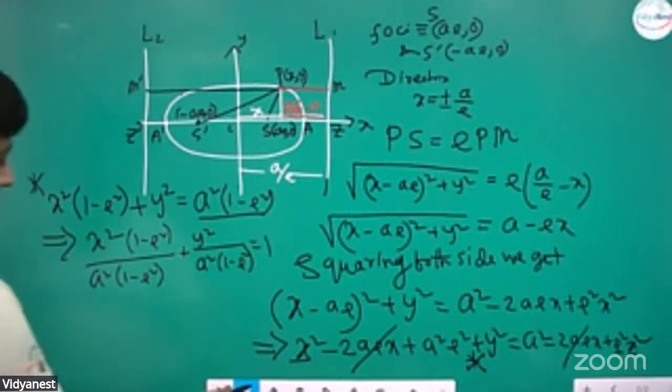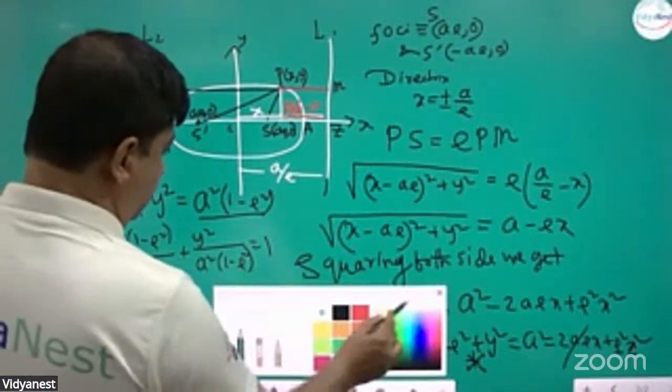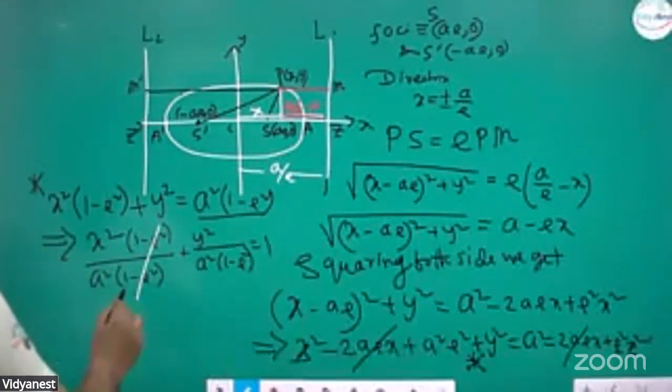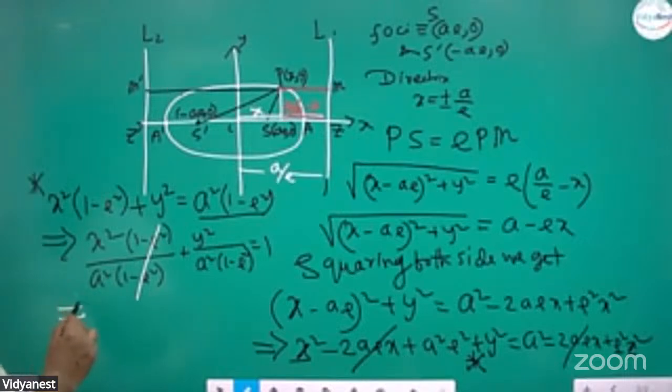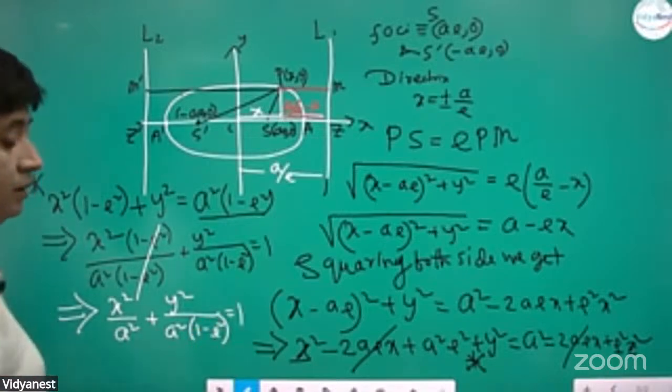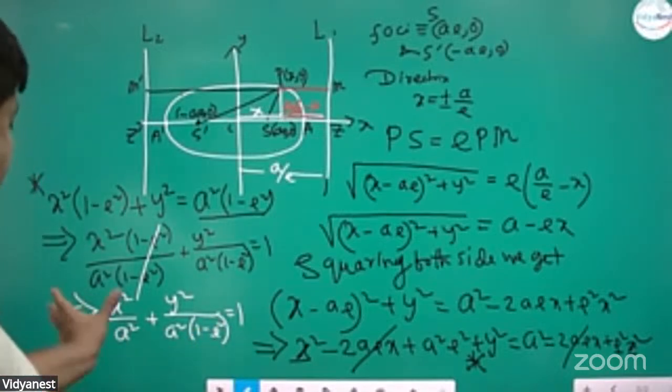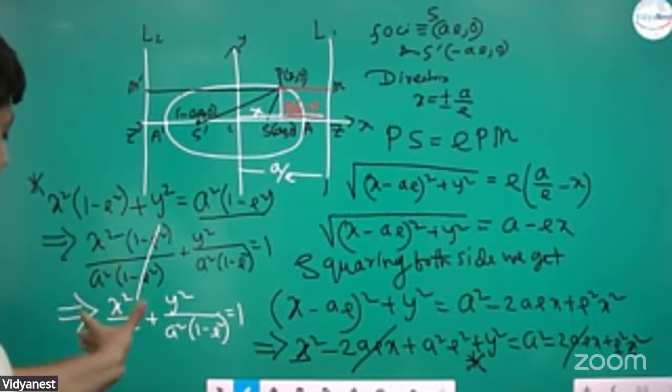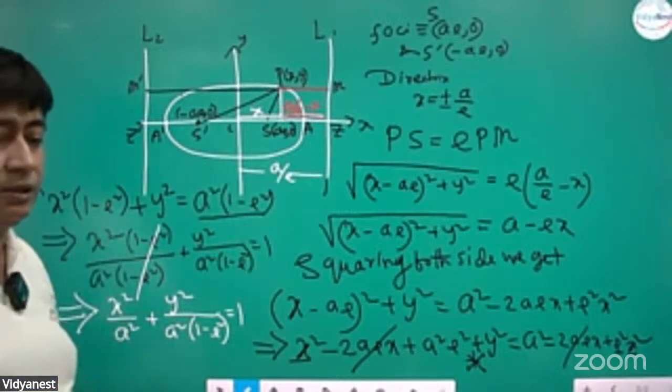See, this part cancels. Okay. So this is the form of an ellipse, the equation of an ellipse.